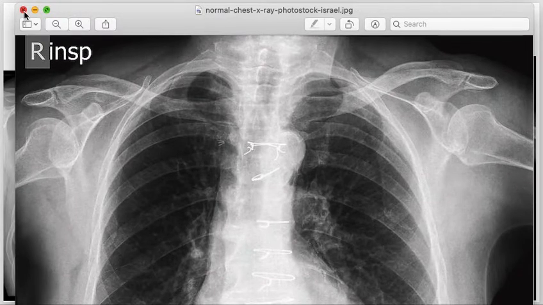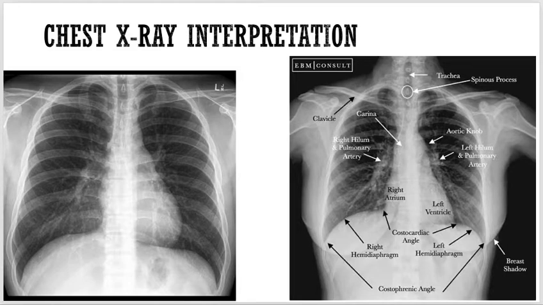So what I was saying is, when you see any X-ray, nowadays we get digital X-rays.